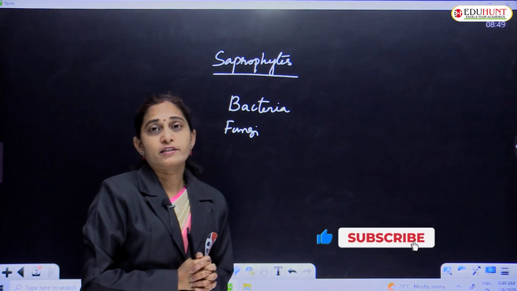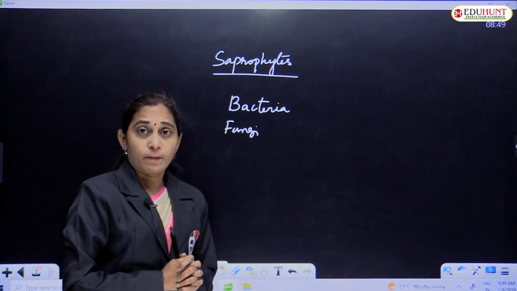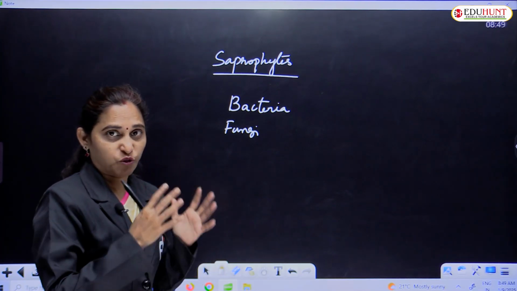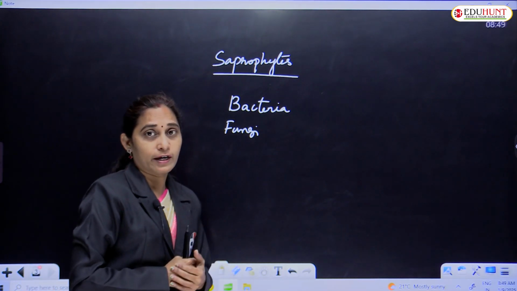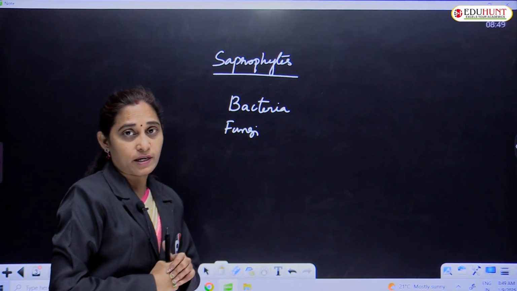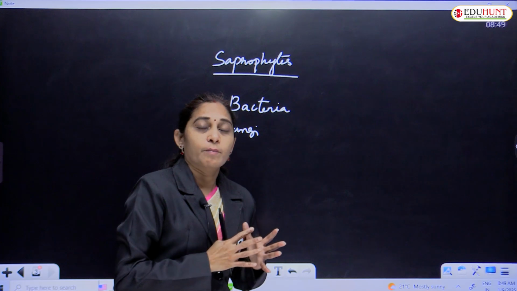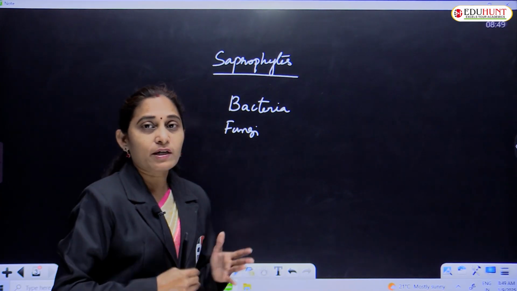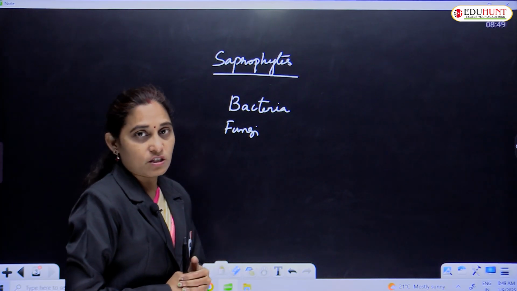They are present in damp soils and are found on moist barks, the barks of trees. These bacteria and fungi convert the complex organic materials into simpler ones.